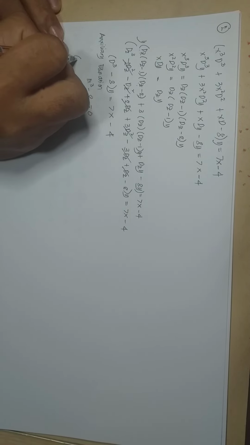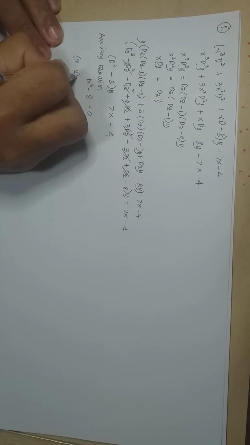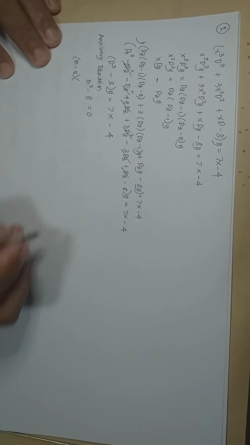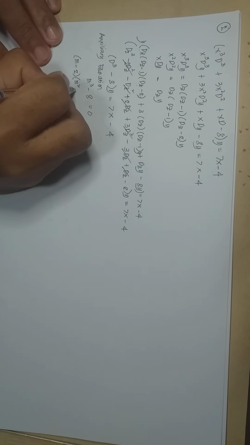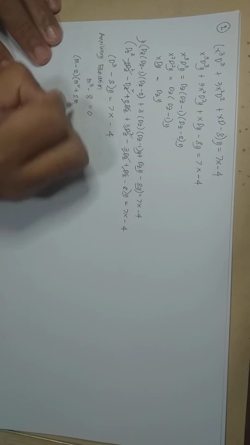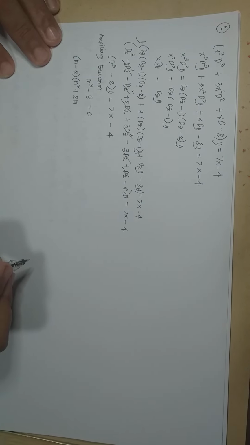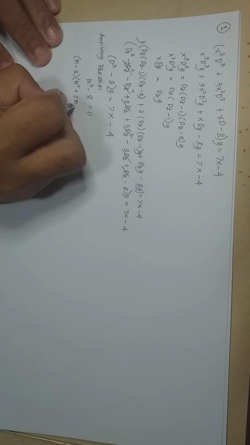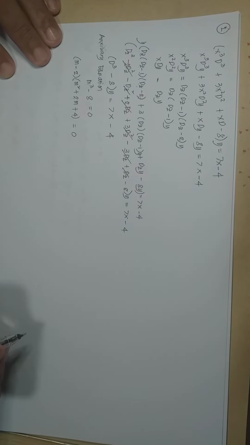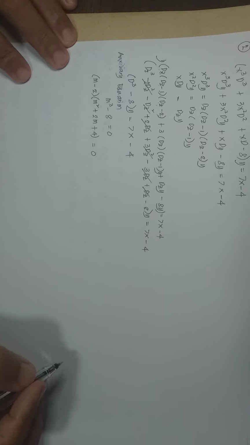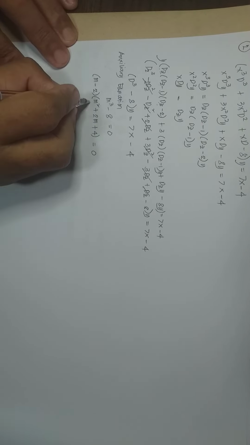So one of the factors is definitely m minus 2 times m squared plus 2m plus 4 is equal to 0. So what will be the roots? Definitely one of the roots is 2, but how about this one?